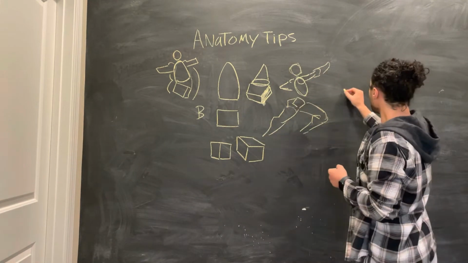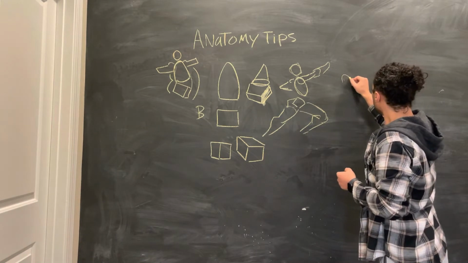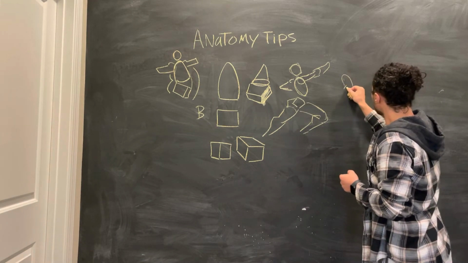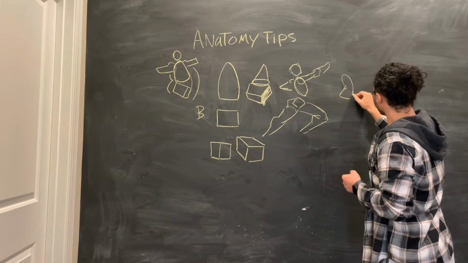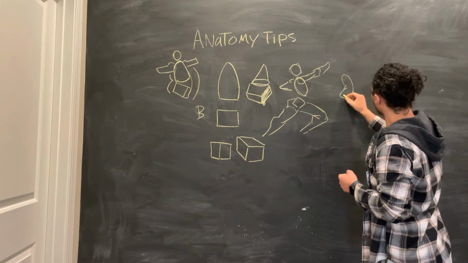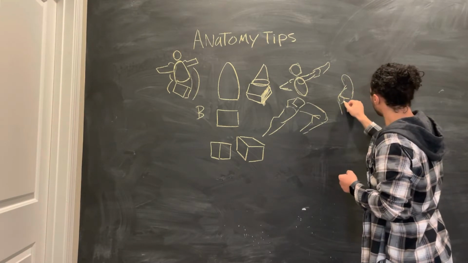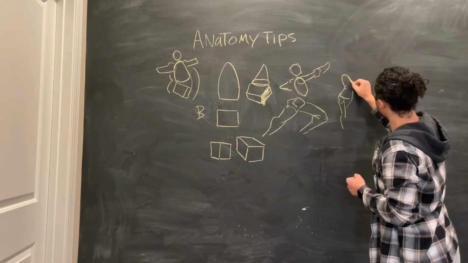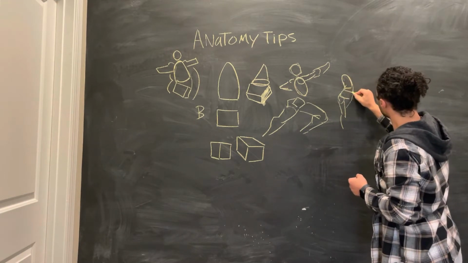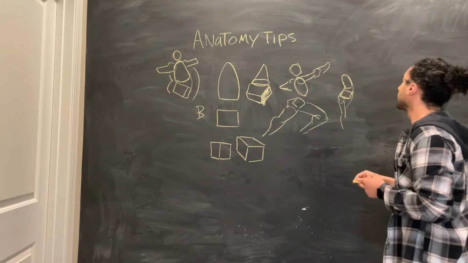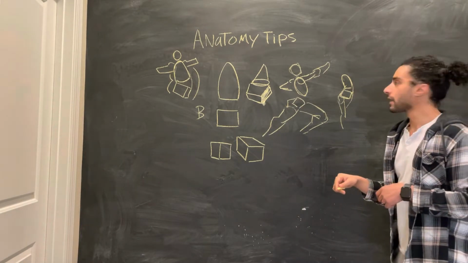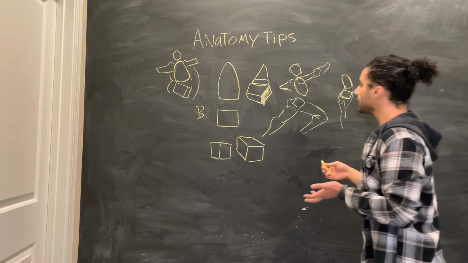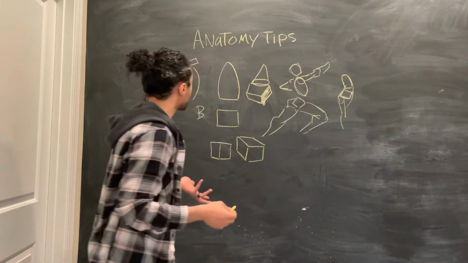So if you were to have a body come this way and lean, and maybe have a foot come in here, another foot. See, what I'm doing here is still, I'm thinking about the egg shape, and I'm thinking about the box or the cube. It's a really neat, simple trick that you could utilize.